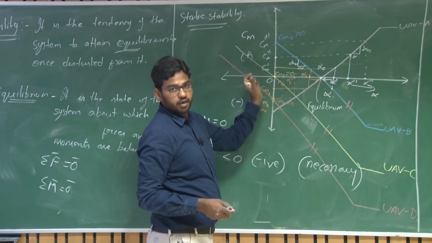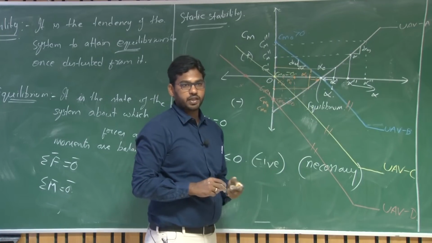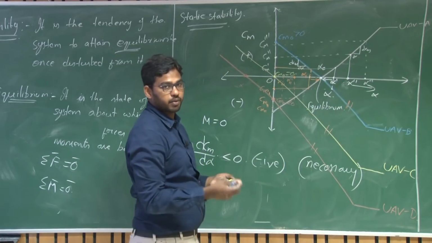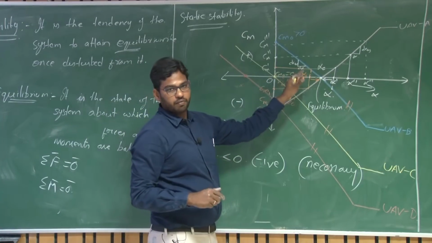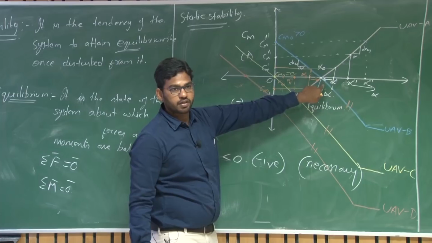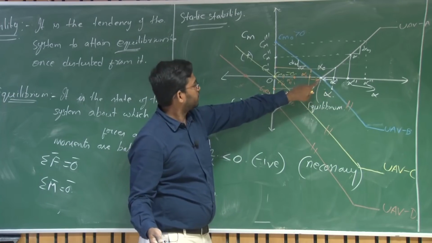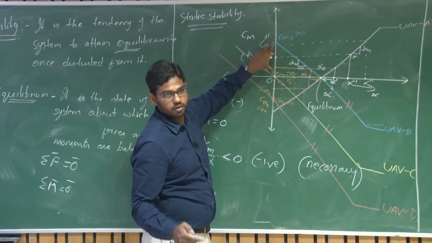So to trim at positive angle of attack, I need to create an offset here, right. To create that offset for a flat plate, this is how it will be. We will witness for the flat plate what is going to be the Cm, right. So in order to trim at positive angle of attack, this is your trim at positive angle of attack. Trim is an equilibrium, right. You need to have positive Cm naught.